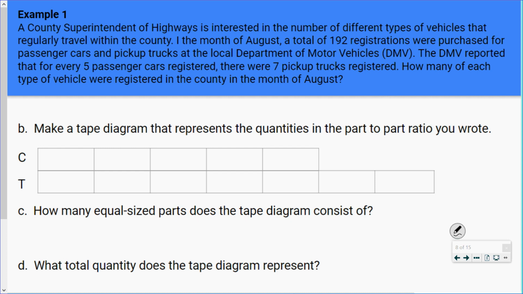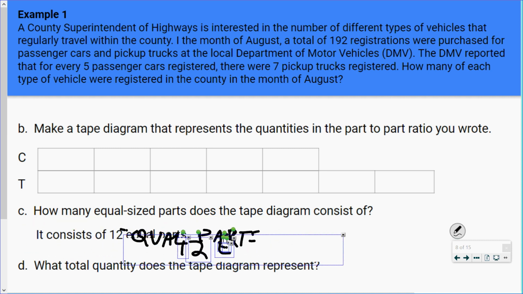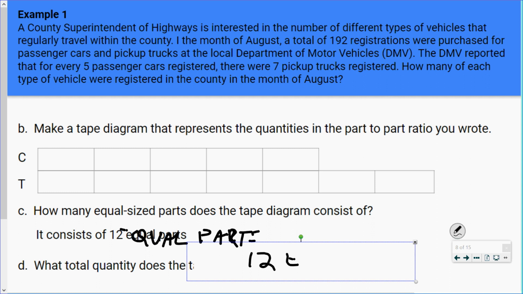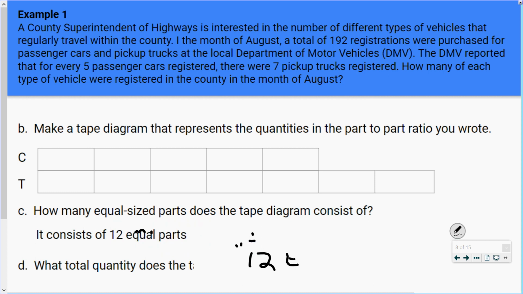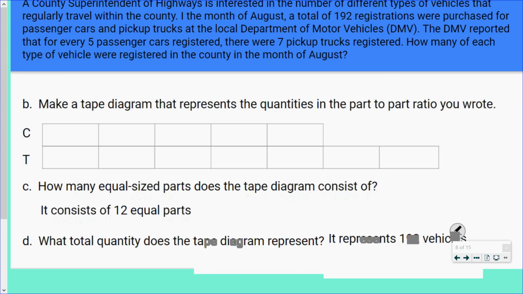Bennett? 12. 12 equal parts. All right, so it consists of 12 equal parts.